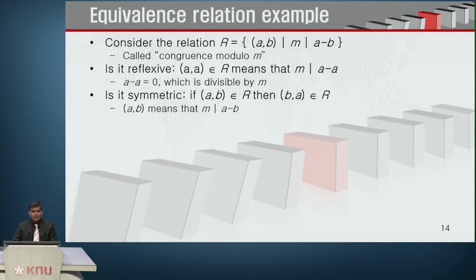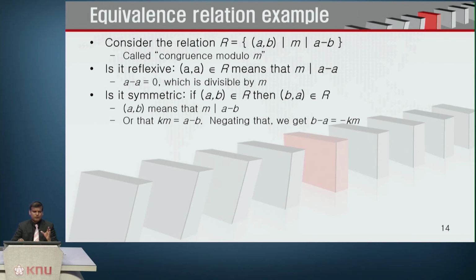Here you have, for example, K times M equals A minus B, so you have the negating property: B minus A equals minus K times M.